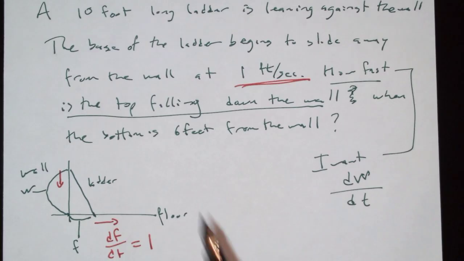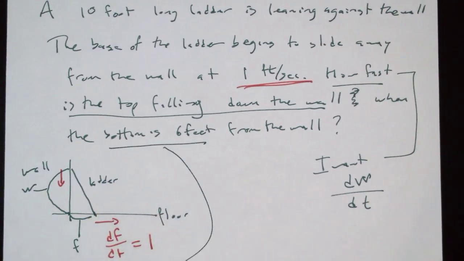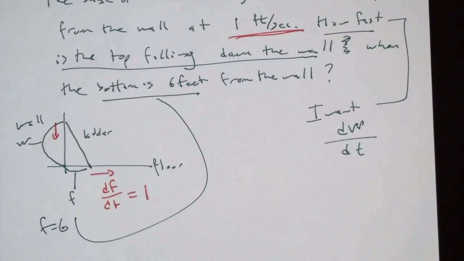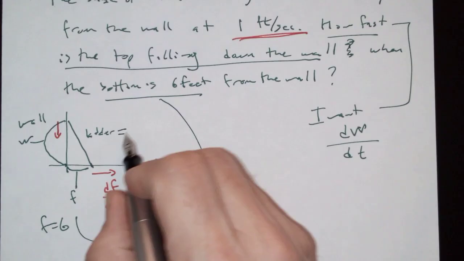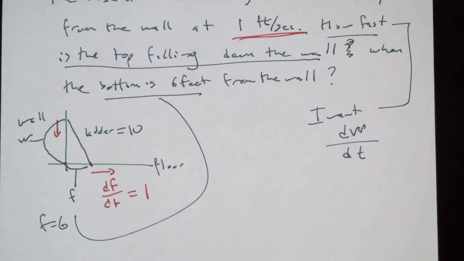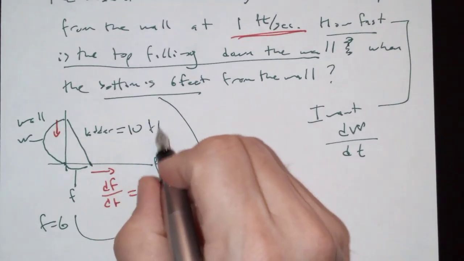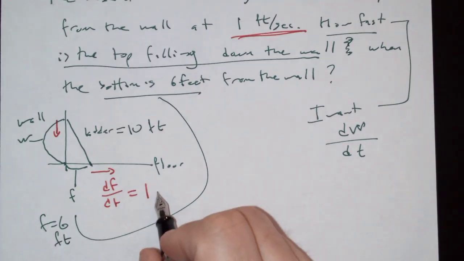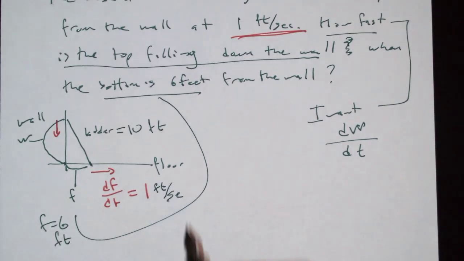Aha. The only other piece of information I have is that the ladder is 10 feet long. That doesn't go with either F or W. That goes with the ladder itself, right? I should put units on these. This is feet, this is feet, this is feet per second.